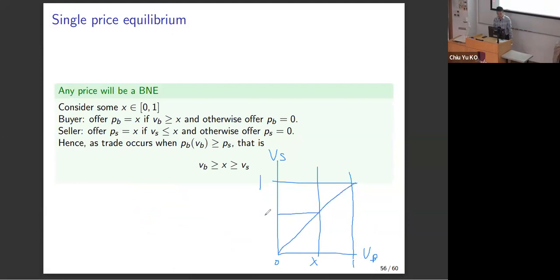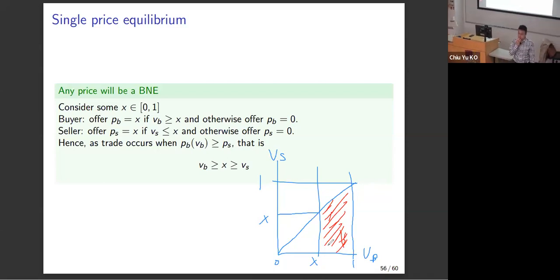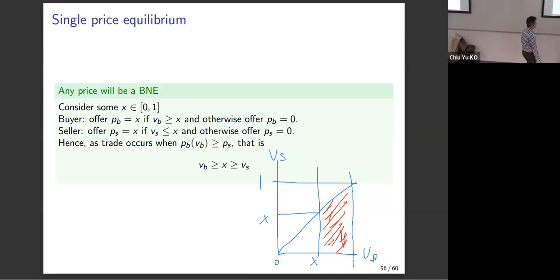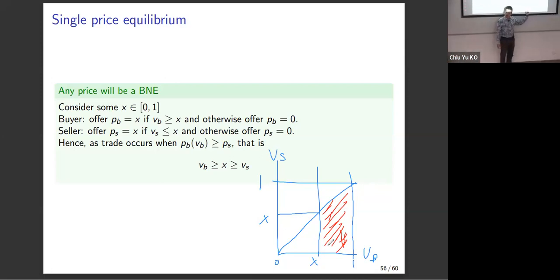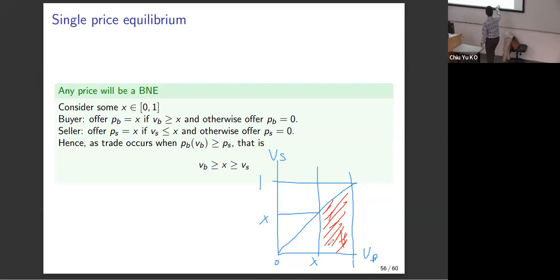This is X here. Let me see if I have a pen there. So trade only occurs in this region. Of course, trade only occurs in the lower triangle, right? And in this case, depending on what X you are talking about, that would be the outcome.